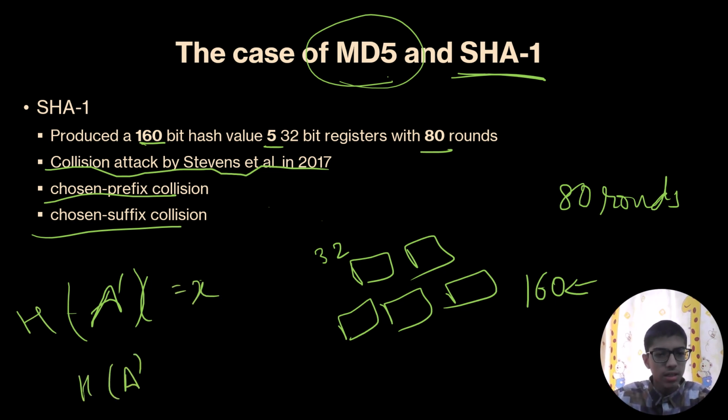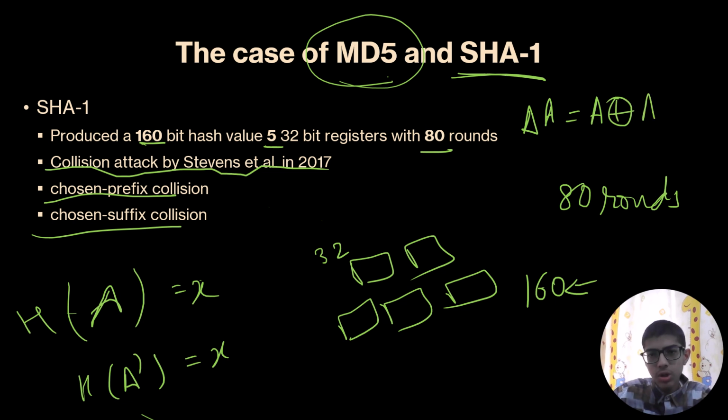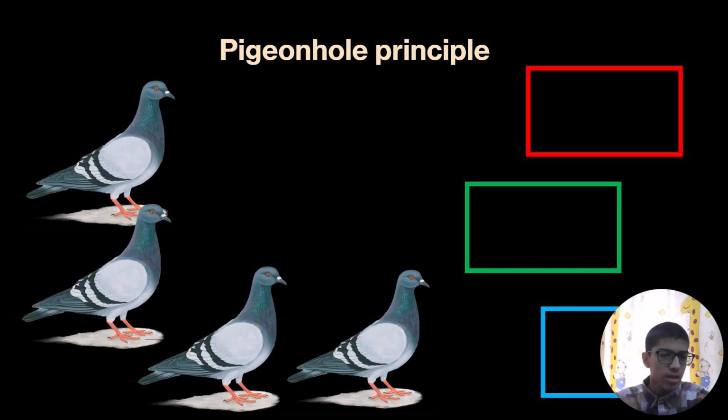So the hash of A dash and the hash of A both is X. So now they can calculate delta A, the differential characteristic, as A minus A dash, and after meticulously analyzing the different inputs, they found the differential characteristic of the equation and the chosen suffixes and prefixes which you can add to the same plain text either in front or in the back to result in the same hash value.